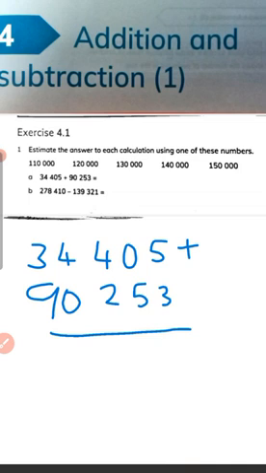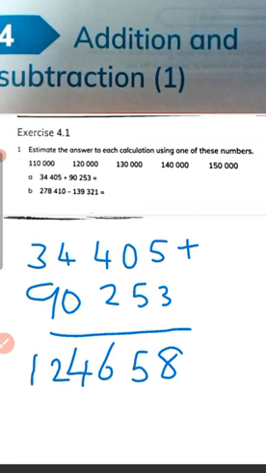First add these numbers. 5 plus 3, 8. 0 plus 5, 5. 4 plus 2, 6. 4 plus 0, 4. And 9 plus 3, 12.